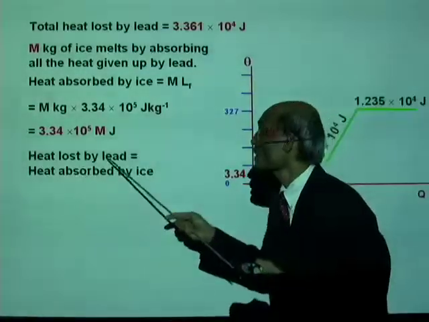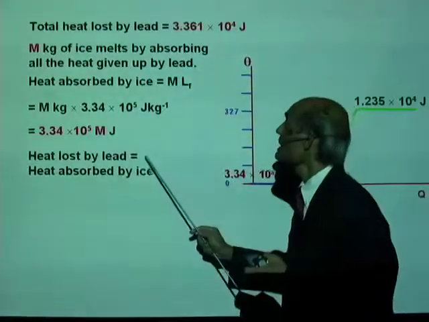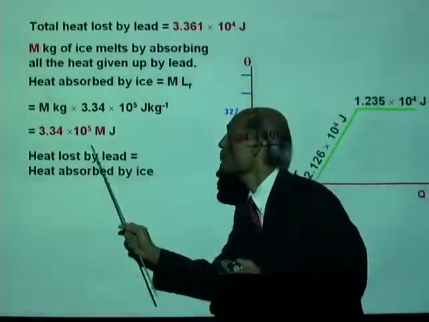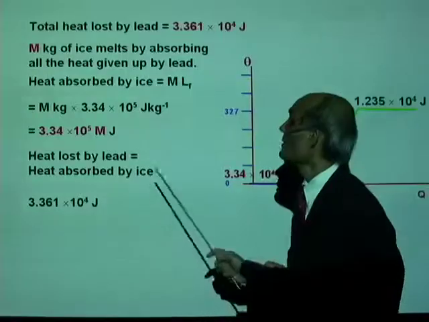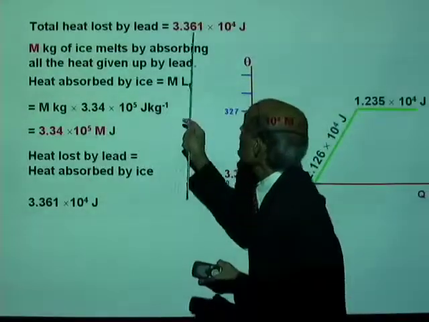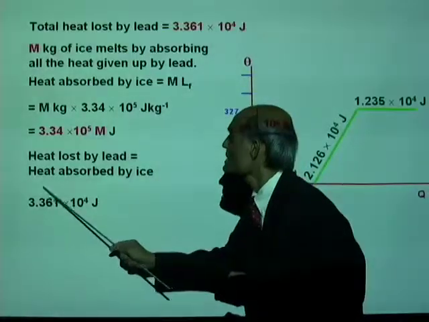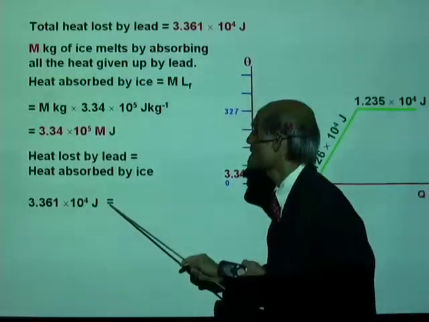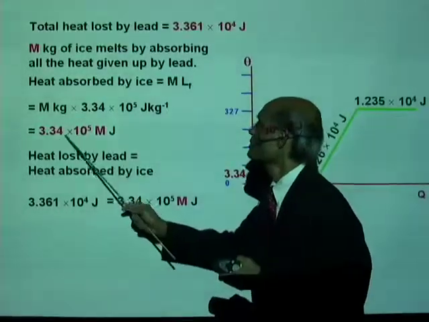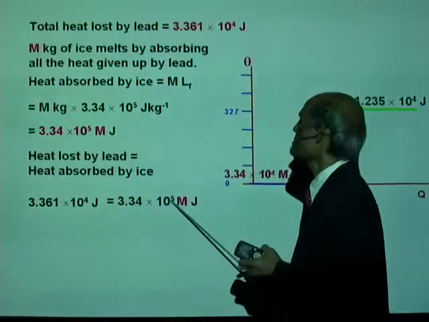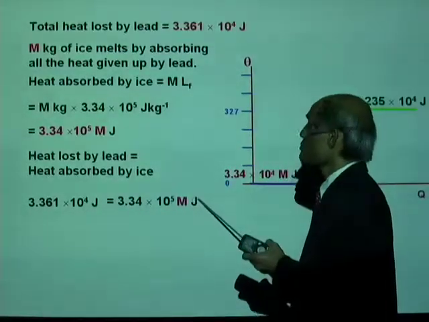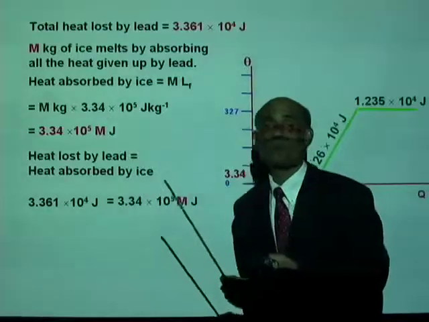Now, heat lost by lead equals heat absorbed by ice. Therefore, 3.361 times 10 to the 4 joules is the heat lost by lead, and that's equal to 3.34 times 10 to the 5 m joules that is absorbed by ice.